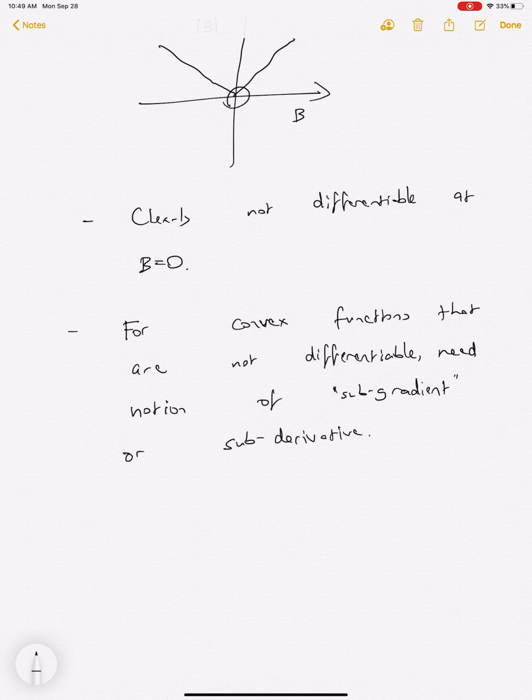So for convex functions that are not differentiable, you need a generalized notion of a subgradient or subdifferential.